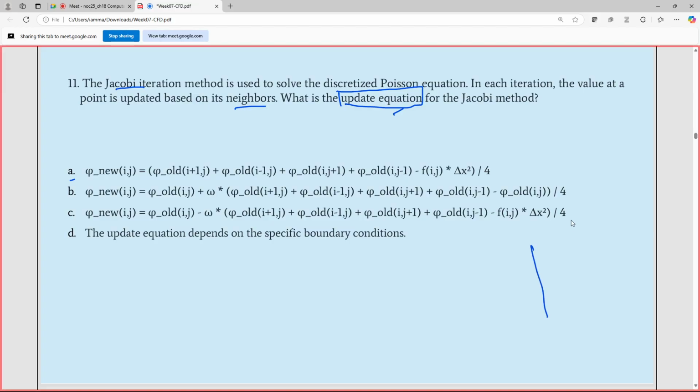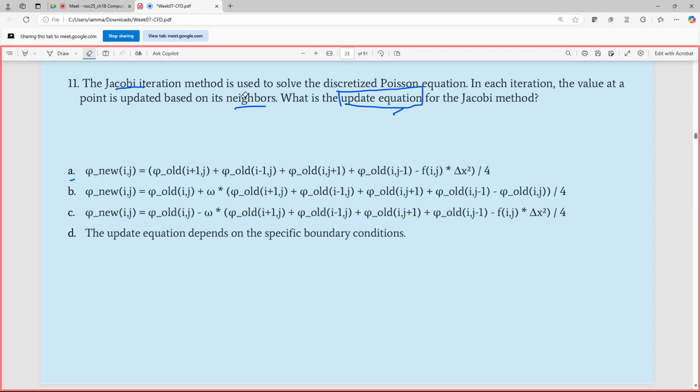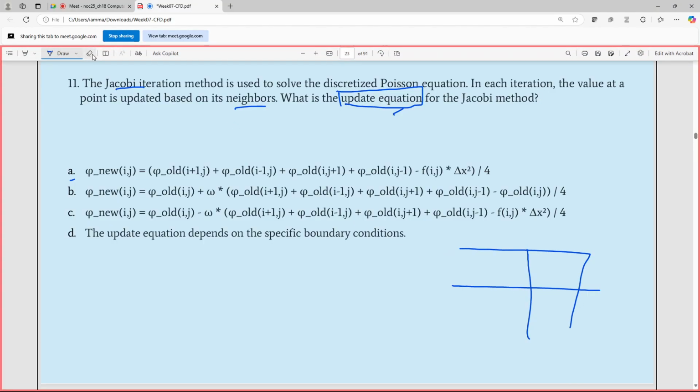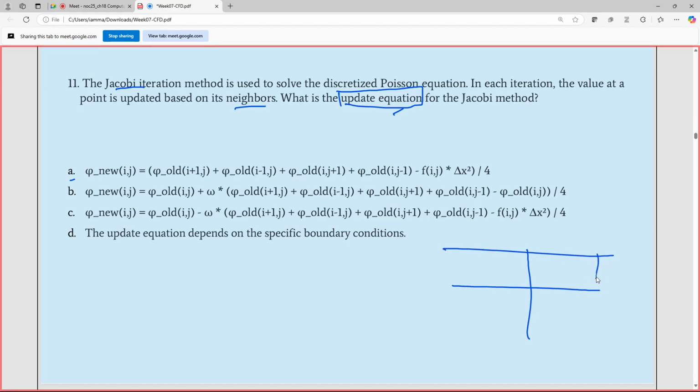Simply take I comma j, this is I plus 1 comma j, this is I minus 1 comma j, this is I comma j plus 1, this is I comma j minus 1.